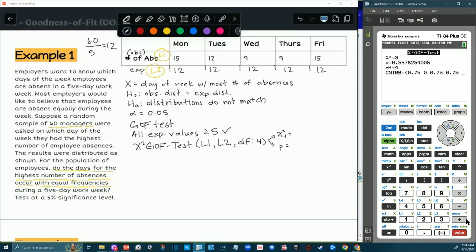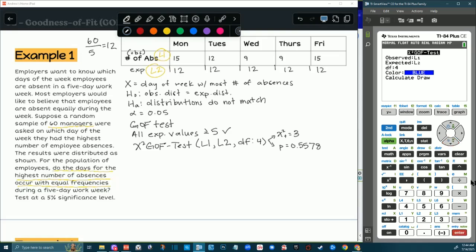And it gives me a test statistic of exactly 3 and a p-value of 0.5578. I'm going to go back to that calculation really quick. Stat tests GOF test.